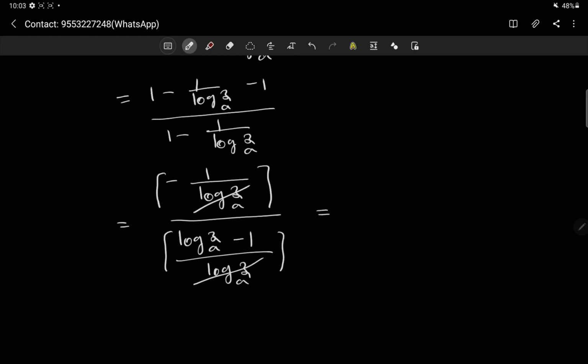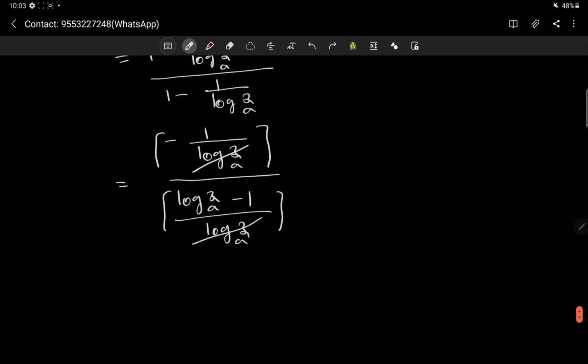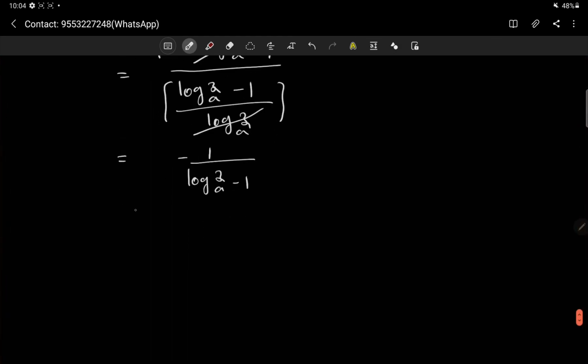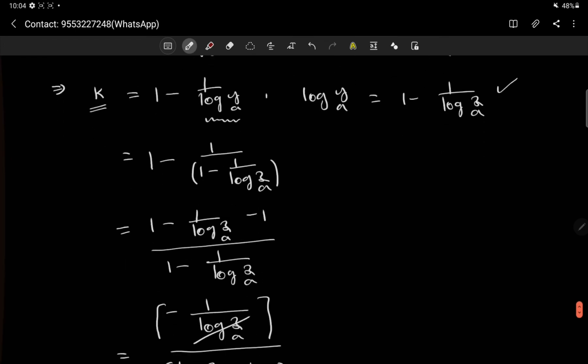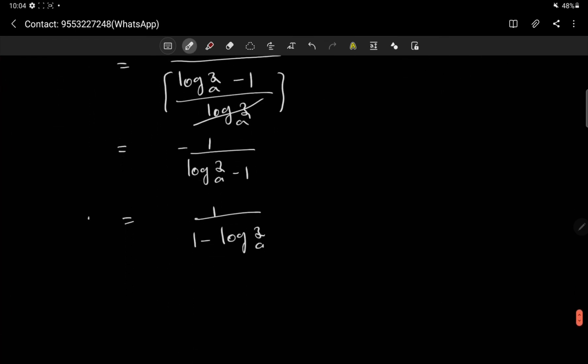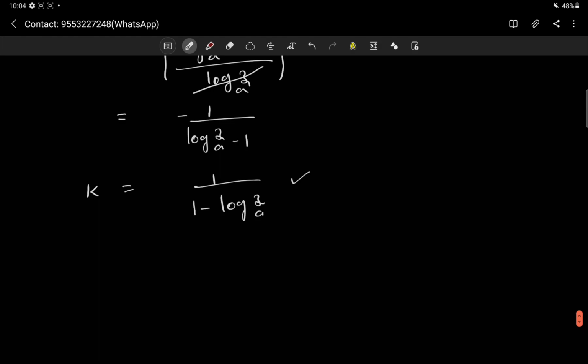Therefore that is equal to minus 1 by log z base a minus 1, so this is equal to 1 by 1 minus log z base a. That is the value of k. Finally we got the value of k in terms of z and a. I need to check with the options. Yes, that is the correct one only. Okay, thank you everyone.